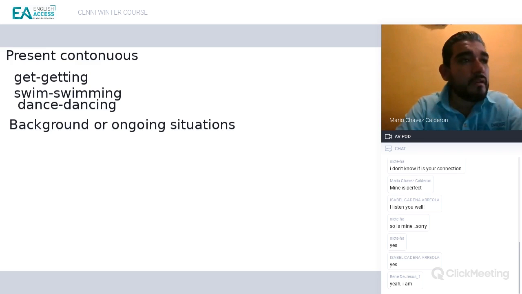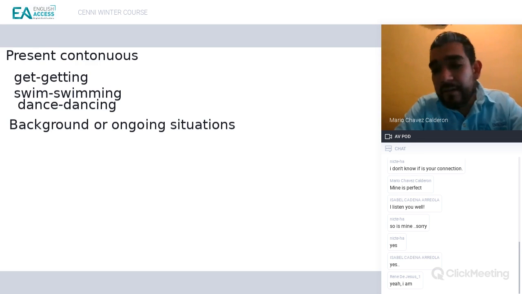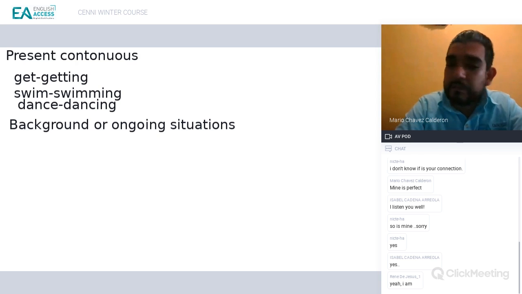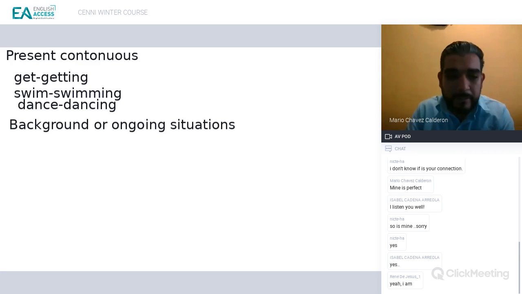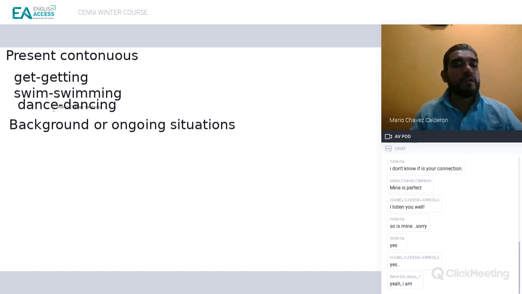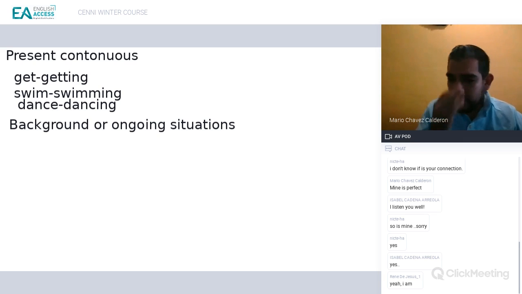For example, okay, I am giving classes from 9 to 11. I'm giving classes. It's ongoing. It's happening. It's taking place. Okay? For this, we use the verb be in its different forms and the verb with ing.